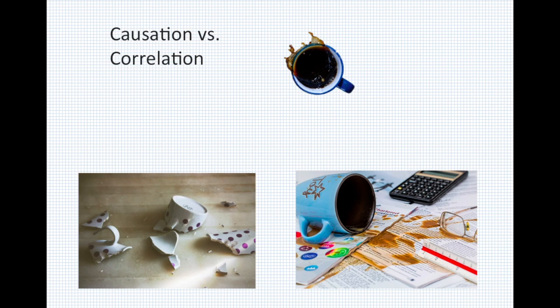So, in this case, dropping your cup of coffee caused the mug to break, and it caused the coffee to spill. The mug breaking and the coffee spilling are correlated.